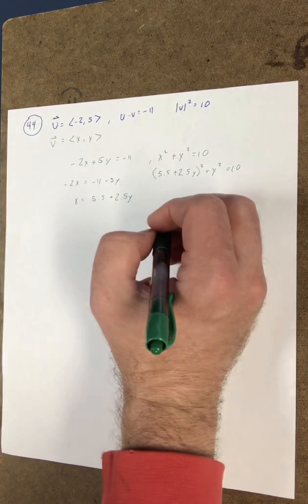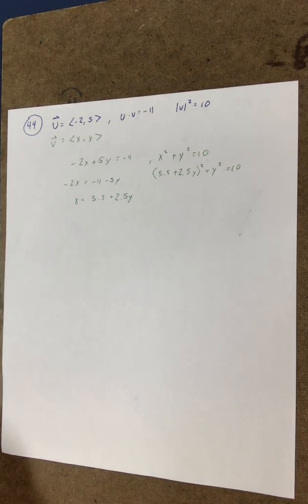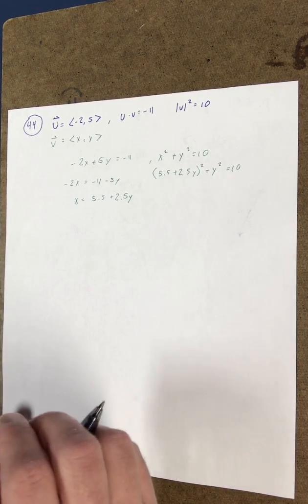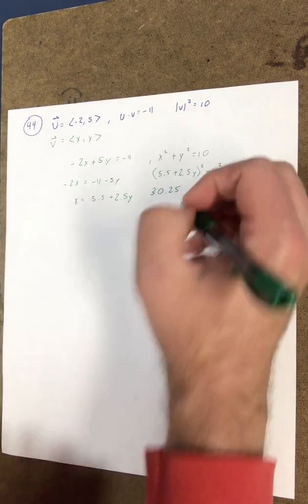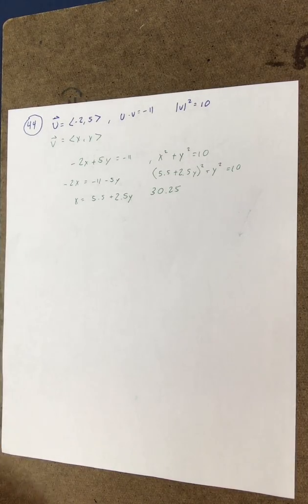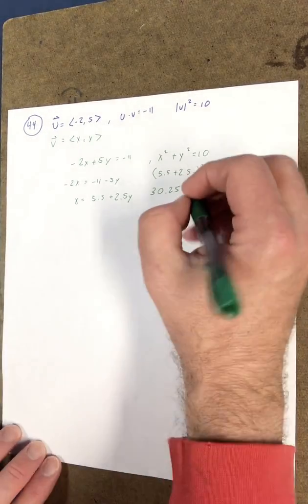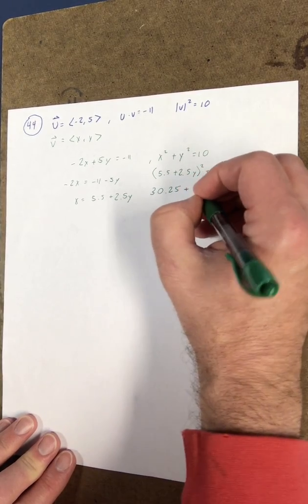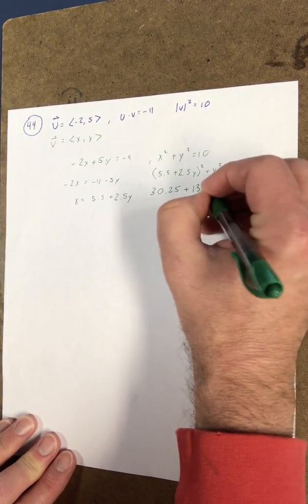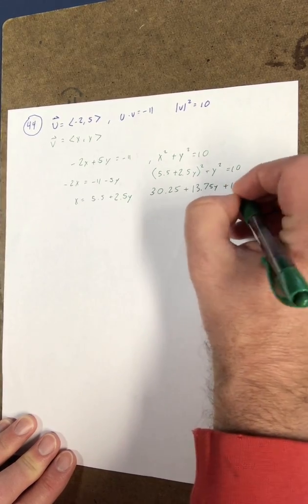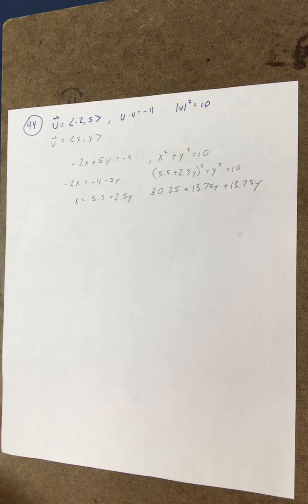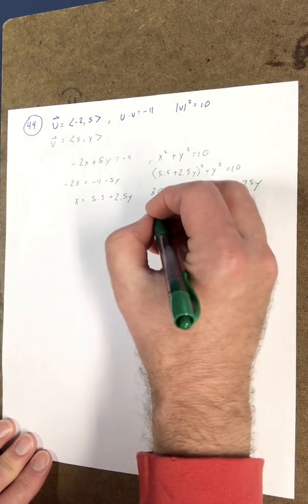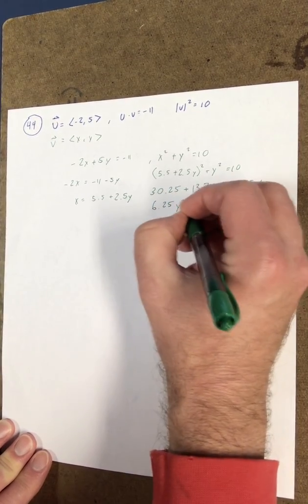And then I'm going to have to use a calculator here. 5.5 squared, 30.25. 5.5 times 2.5 is 13.75. There's going to be two of them. I'm just foiling. And then 2.5 squared is 6.25 y squared.